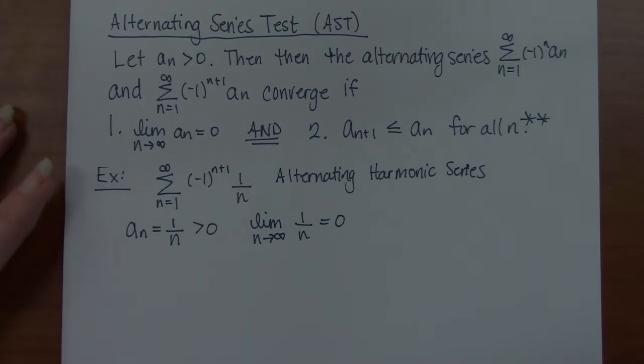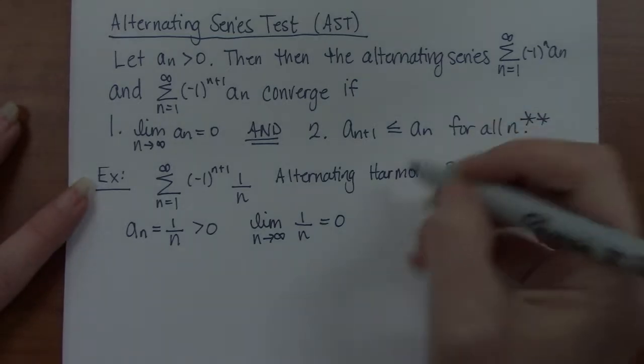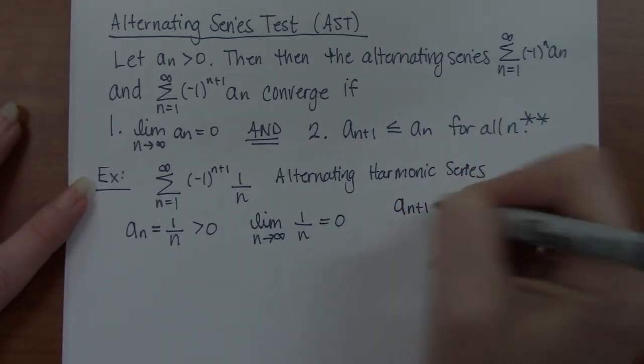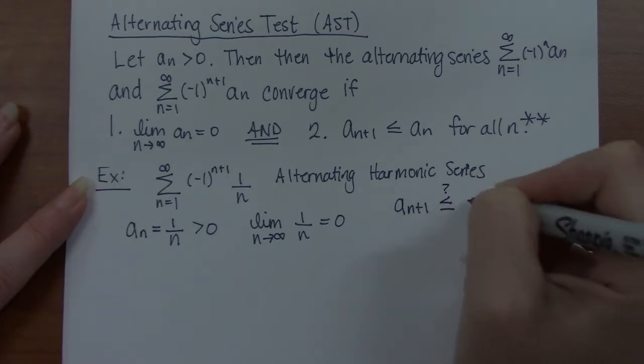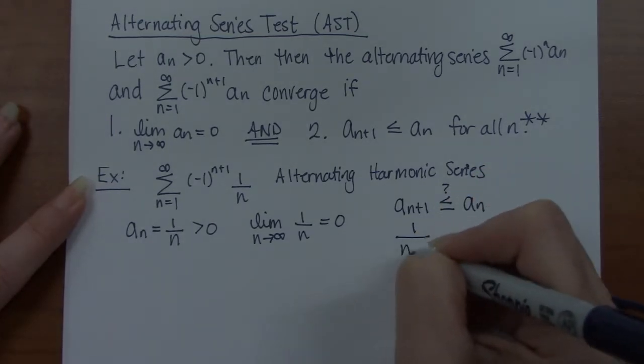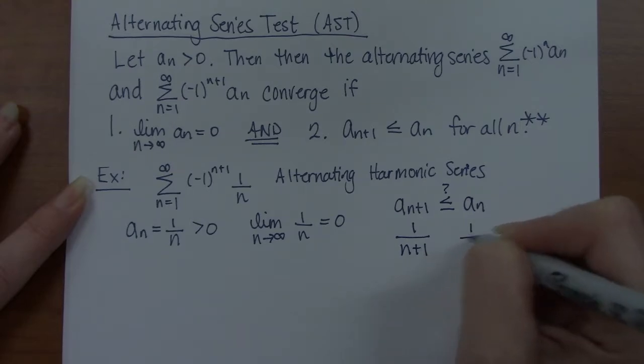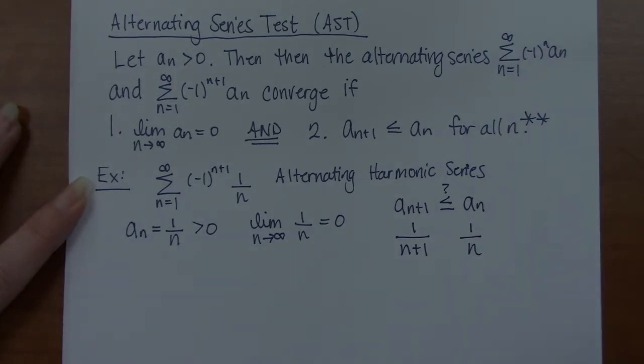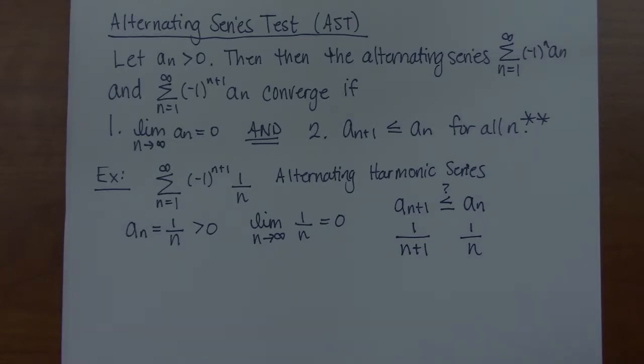Then we have to see, are the terms reducing over time? If we write the n plus 1 term, we get 1 over n plus 1, and the nth term is just 1 over n. Clearly, if the denominator of a fraction gets bigger, the whole fraction gets smaller.